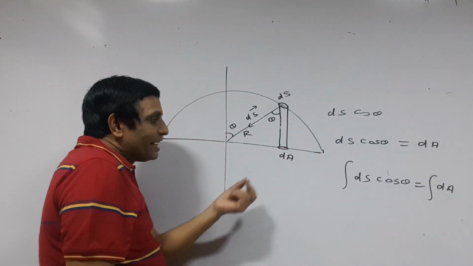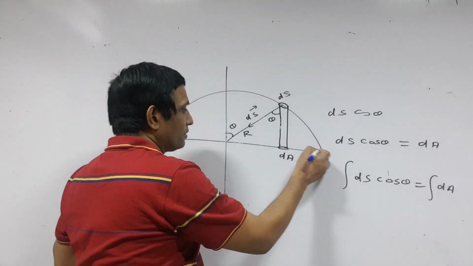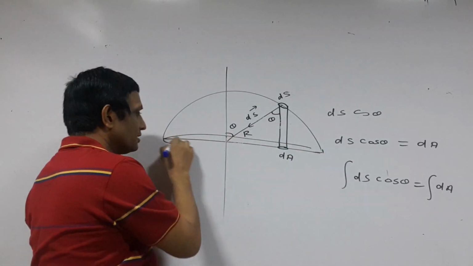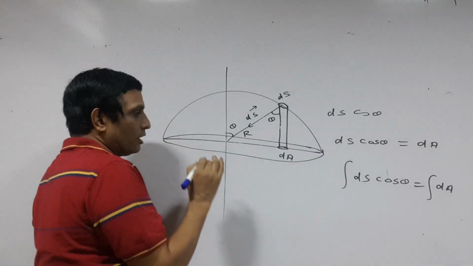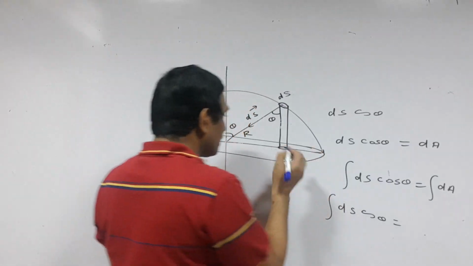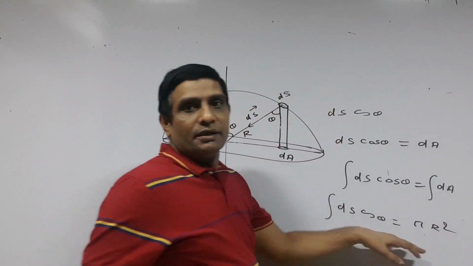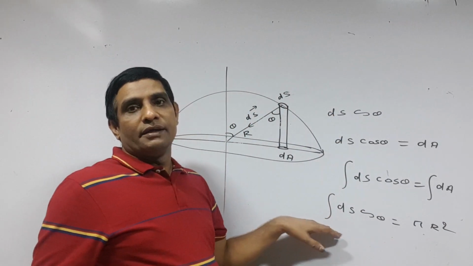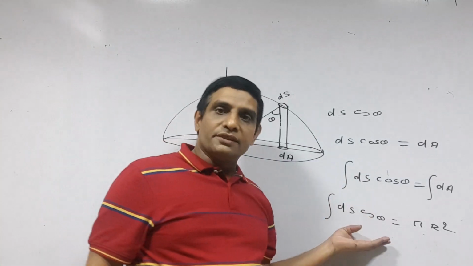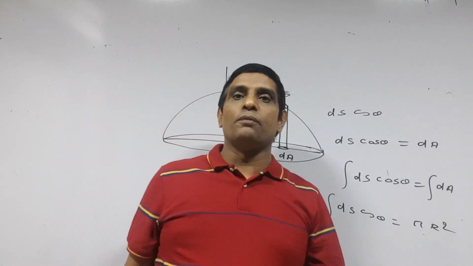So if you integrate dA, the result will be the area of this circular disc type mouth. dA means this whole area, and that will be pi r square. By the help of this affected area concept, we can solve this problem easily.